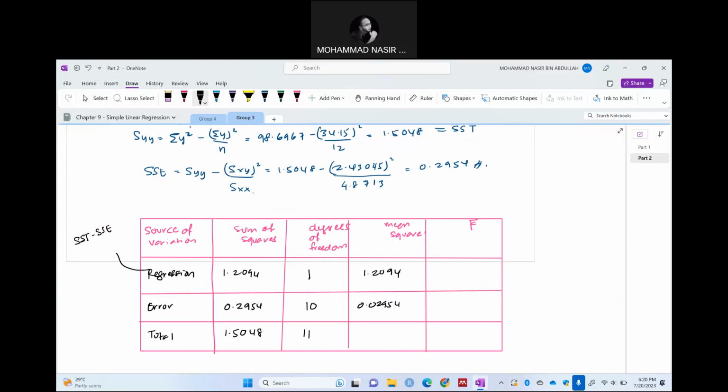To get the F value, we divide these two values, MSR divided by MSE. So this one should be 40.94. So this is our ANOVA table.